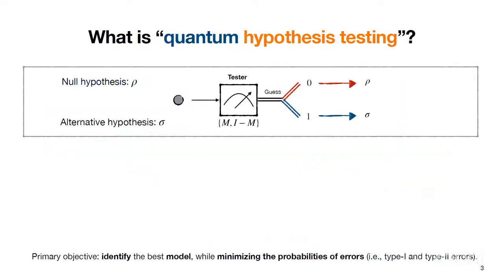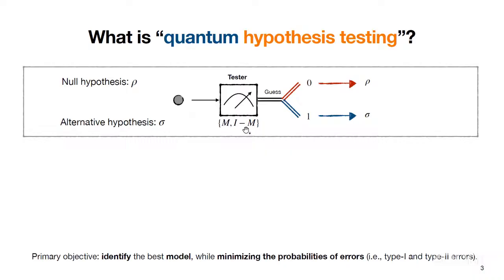So this model has been generalized to the quantum case. We call it quantum hypothesis testing. The model is very similar to the one we introduced before. Now you have a quantum state in gray. You don't know if the quantum state is described by rho or by sigma. But what you can do is take samples from this quantum state.